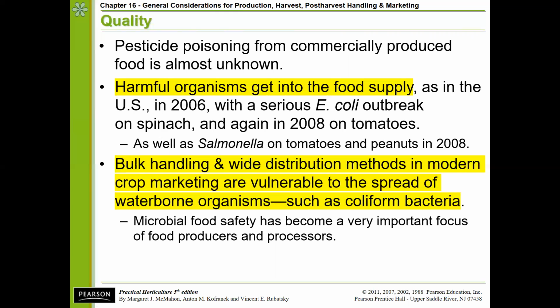This might seem kind of silly, but there was a big outbreak in green onions back in the early 2000s, and I think Taco Bell was affected by it. They had a couple of food poisoning cases, and because of that, they don't use green onions anymore.